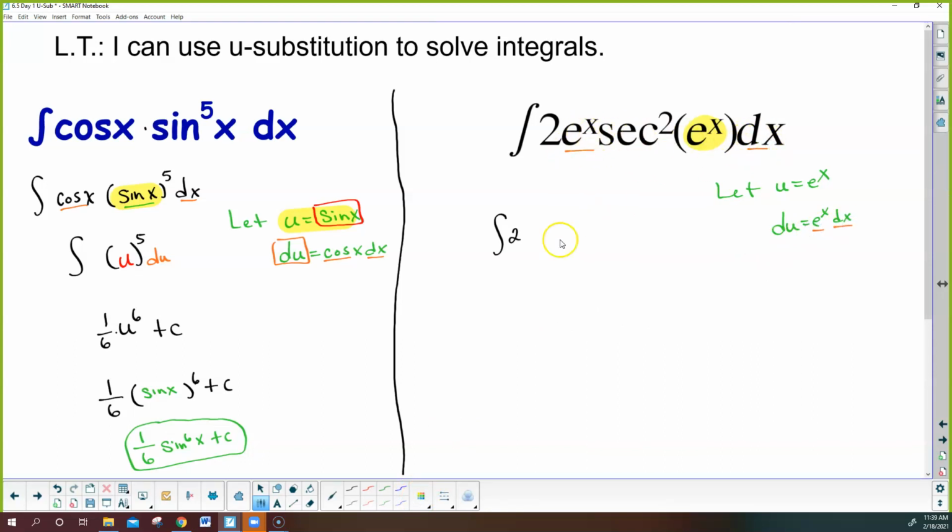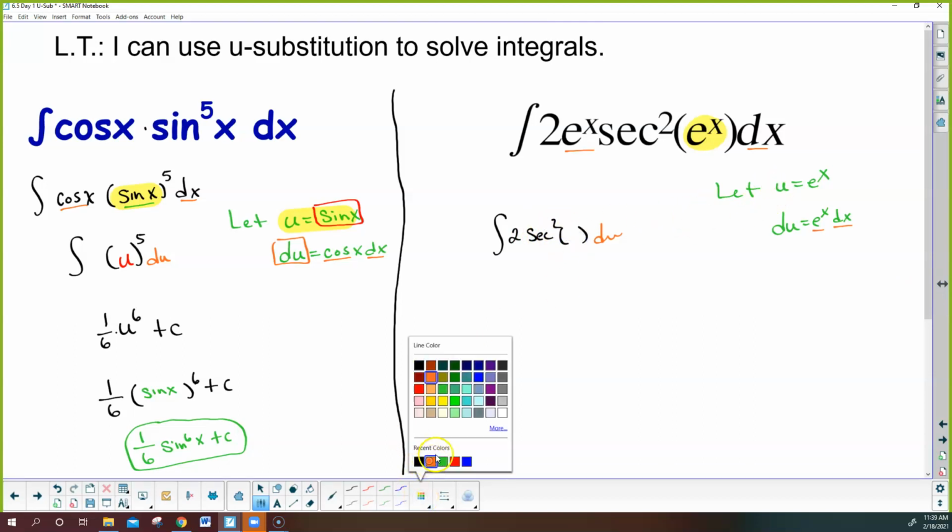That e to the x and that dx is going to be replaced with du. And then what's left over? Sine squared of u. The e to the x was the u. So now we do have one option. This 2 is a multiplier, so you can pull that out.